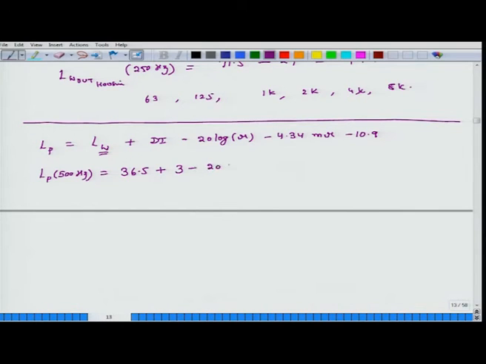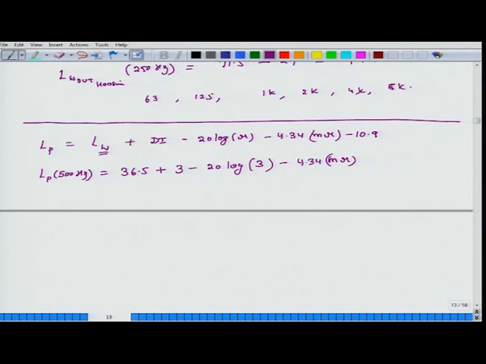Minus 20 log of R. What is the value of R? 3 meters, we have provided that. Minus 4.34 MR, and here R is 3 meters, right, and we have seen that M is such that sound decays over kilometers, not over meters.